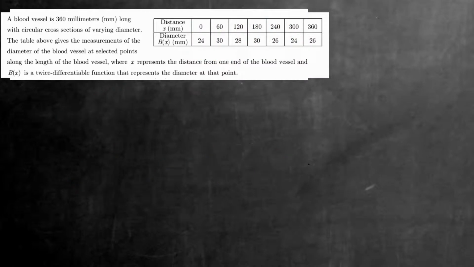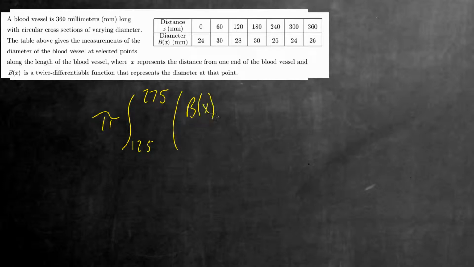Using correct units, explain the meaning of pi times the integral from 125 to 275 of b of x over 2 squared dx. I love these questions because it's a calculus thinking question.